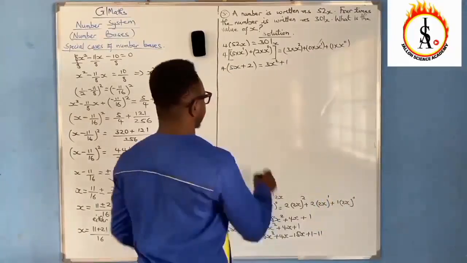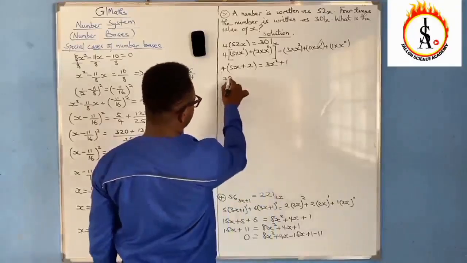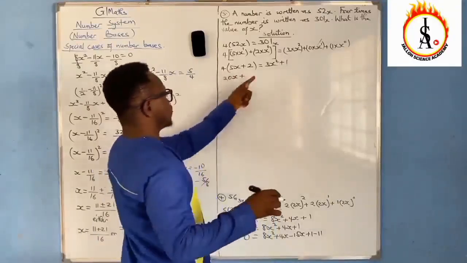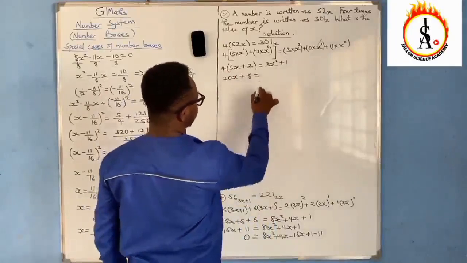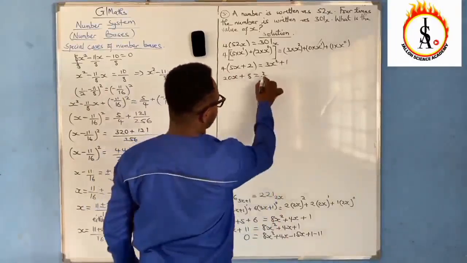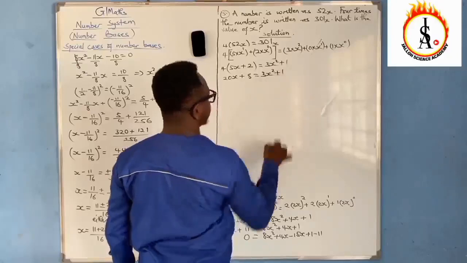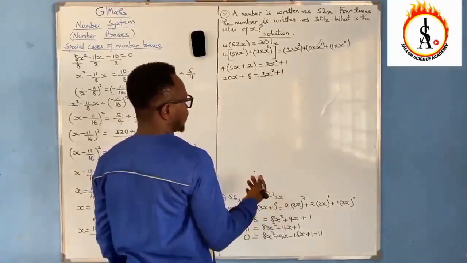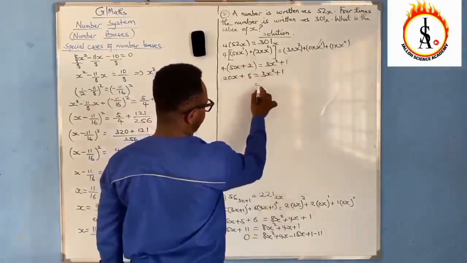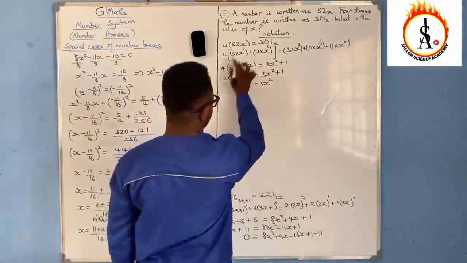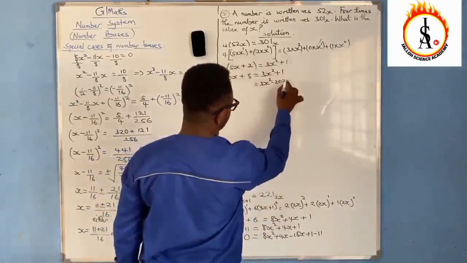So we can now clear this bracket. 4 multiplied by this gives us 20x plus 4 multiplied by 2 is 8. We equate it to 3x squared plus 1. So what we do, we can transpose over here. So we have 3x squared here. If 20x comes over, it becomes minus 20x.